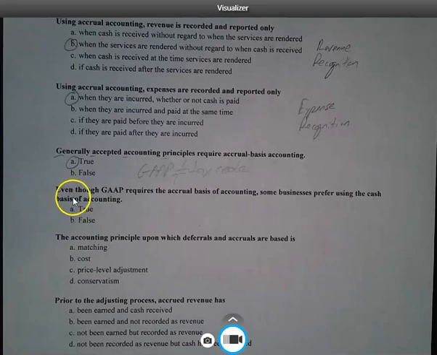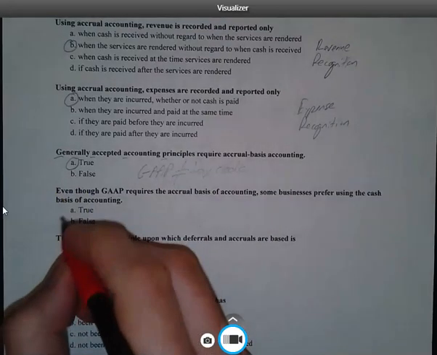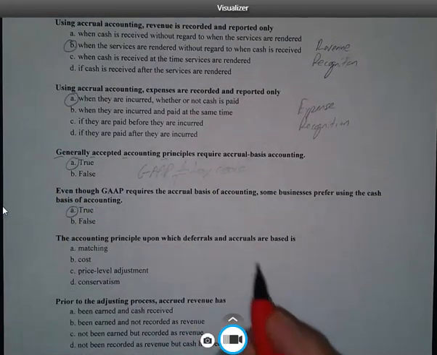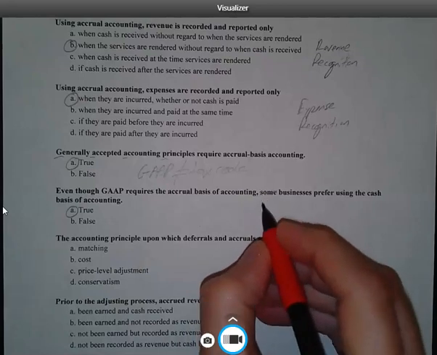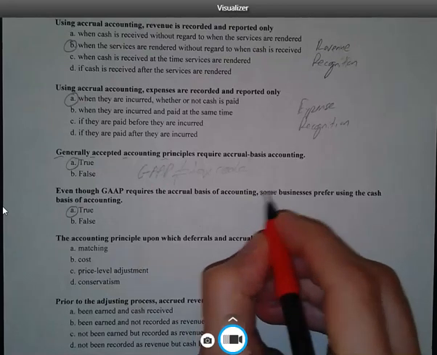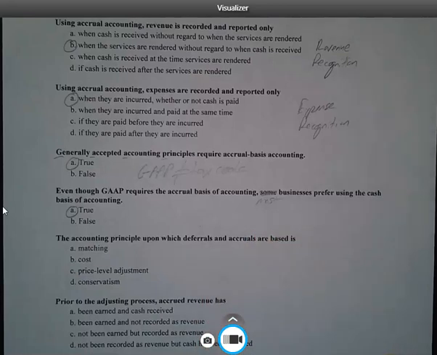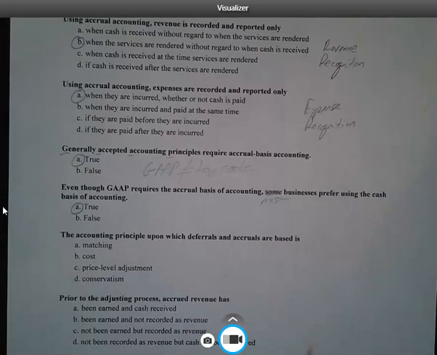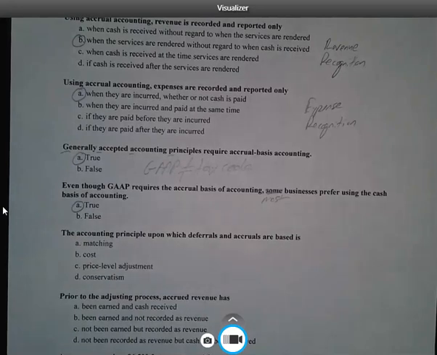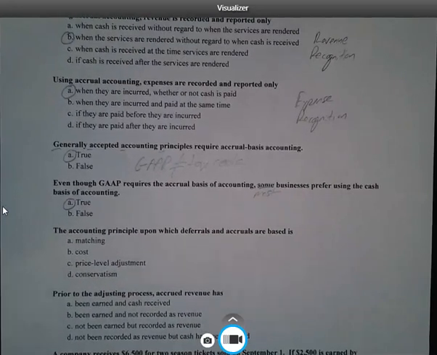Moving on. Even though GAAP requires the accrual basis of accounting, some businesses prefer using the cash basis of accounting. This is a true statement. And you could even replace this word some with the word most if you wanted to. Small businesses account for most of the businesses, and most small businesses use the cash basis of accounting.